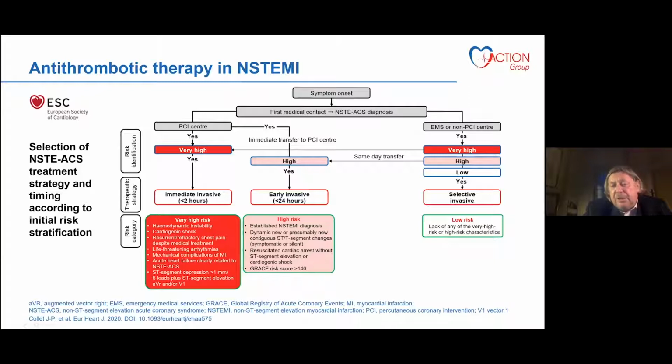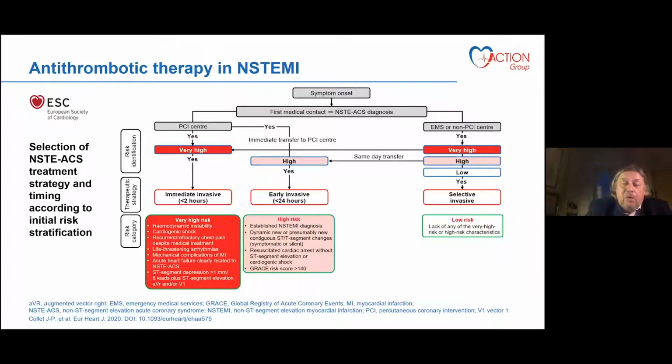And there are other patients, so we have no moderate or in-between group as we had in the former guidelines. So all the other patients seem to have a lower risk. They can be treated selectively invasive, which usually occurs within 48 to 72 hours. And in a patient with very low risk, you can also do some other investigations before you go for invasive treatment.